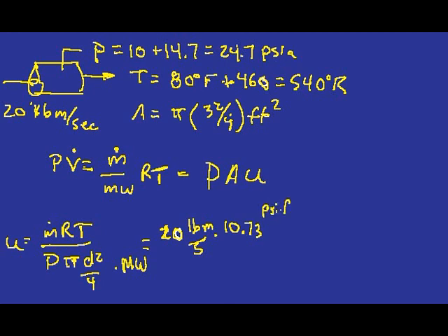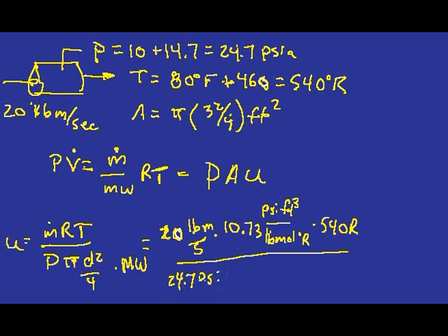That's psi feet cubed per pound mole degree Rankine times 540 degrees Rankine, all of that divided by 24.7 psi times pi times 3 squared over 4 feet squared times the molecular weight, which for air is approximately 29 pound mass per pound mole.